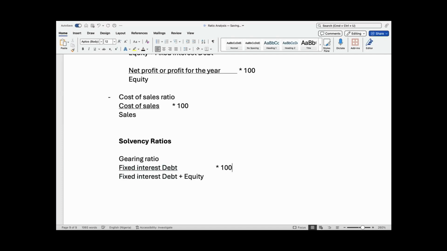Multiplied by 100. This gearing ratio, fixed interest debt over fixed interest debt plus equity.